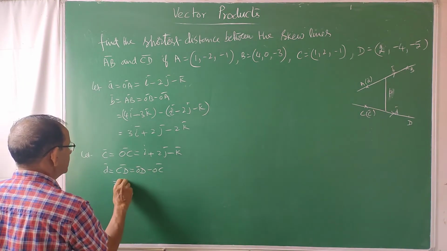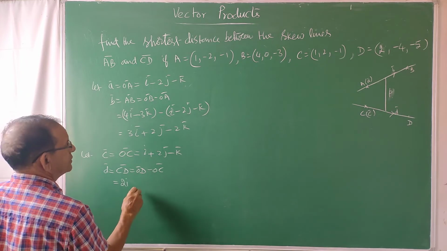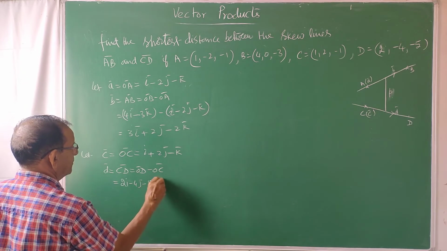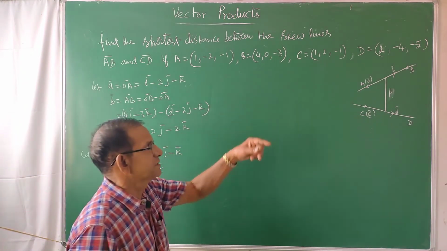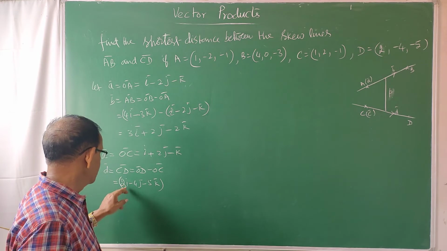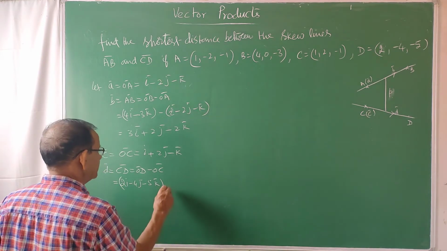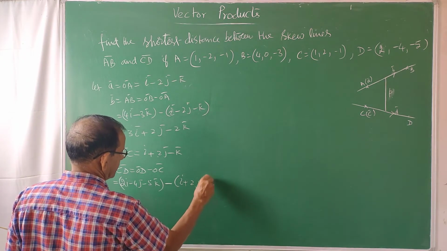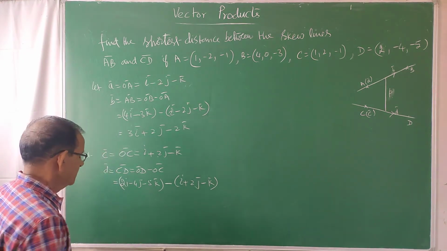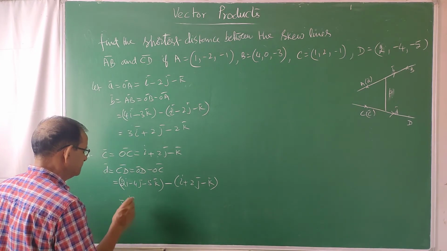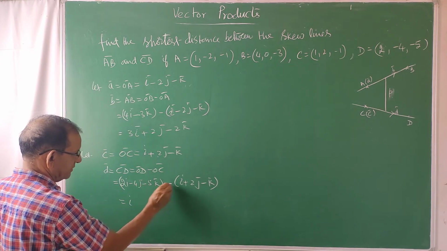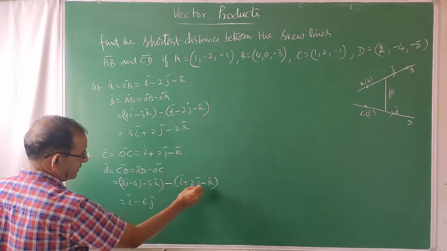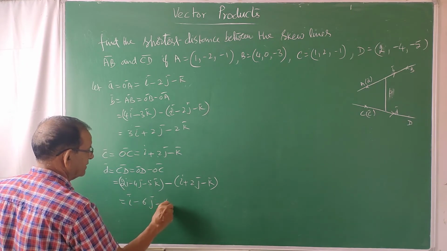OD bar is 2i minus 4j minus 5k, because D coordinates are 2, minus 4, minus 5, minus OC bar, that is I plus 2j minus k. Subtracting, we get I bar minus 6j minus 4k.